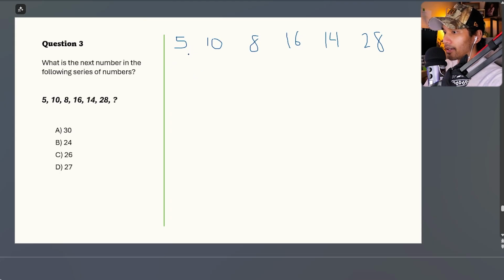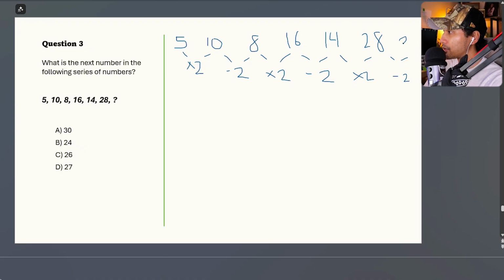Looking at this, you could do it like this, times 2, right? 5 times 2 is 10. 10 to 8, that's minus 2. 8 to 16, that's times 2. 16 to 14, minus 2. 14 to 28, that's times 2. And then we have minus 2 over here equals 26. And that is answer choice C.